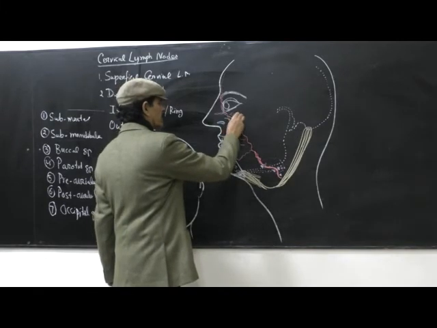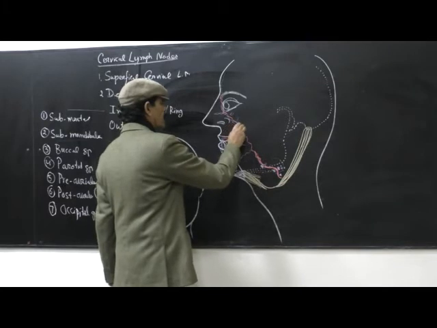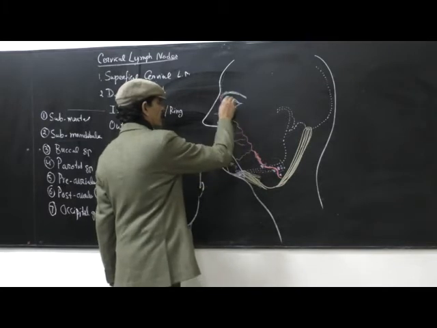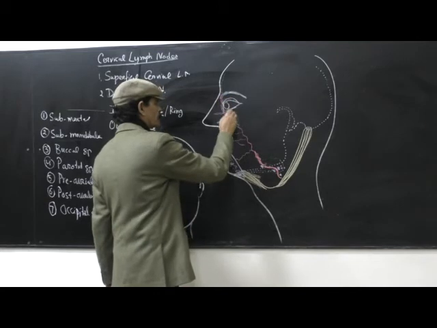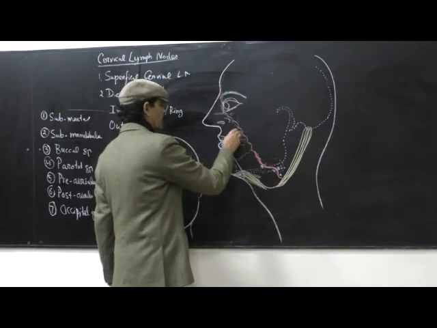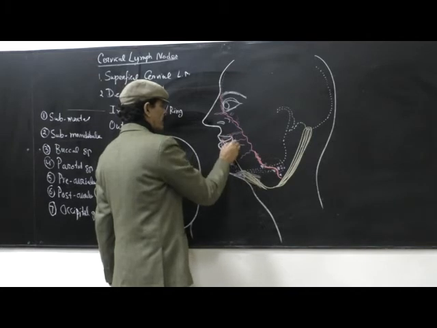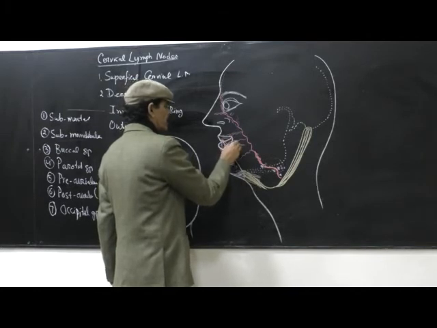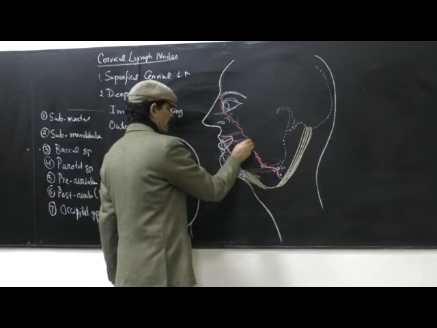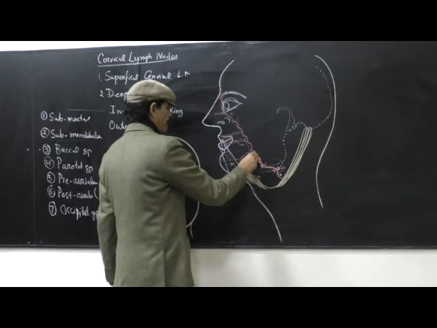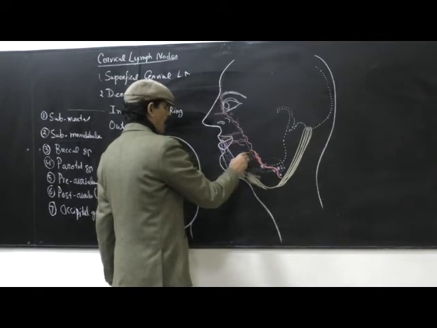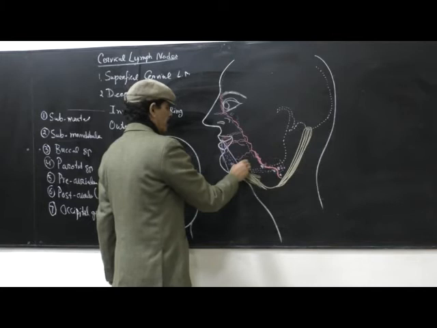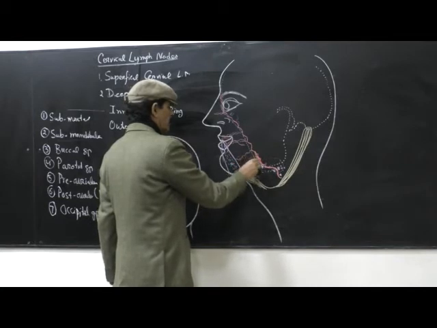Then it also receives the lymph from the cheek area and the upper eyelid area also, and also from the whole of the upper lip, but the lateral part of the lower lip, and the area over the chin also.